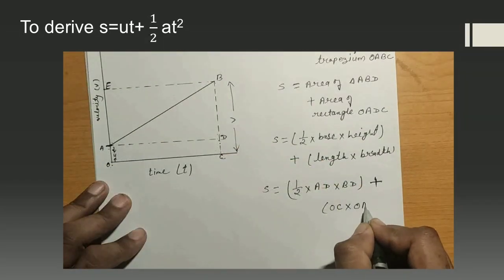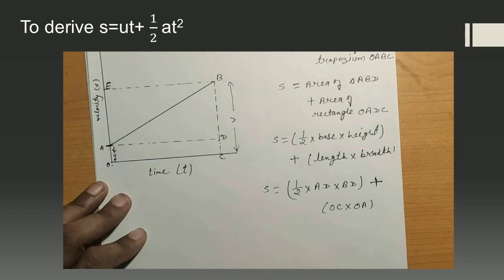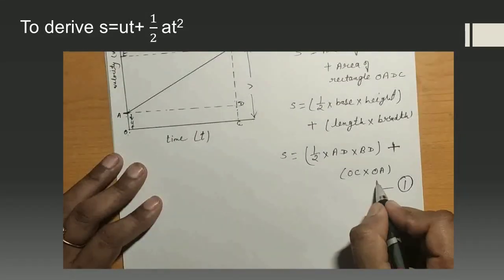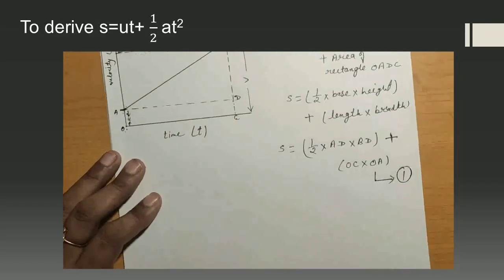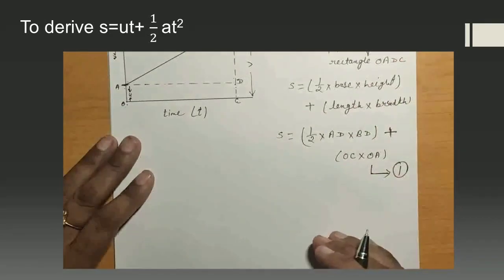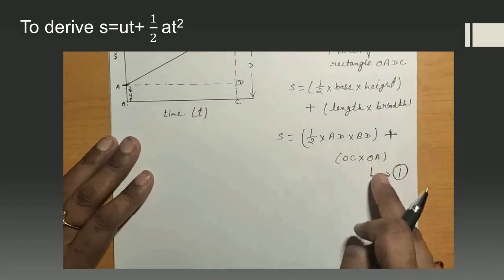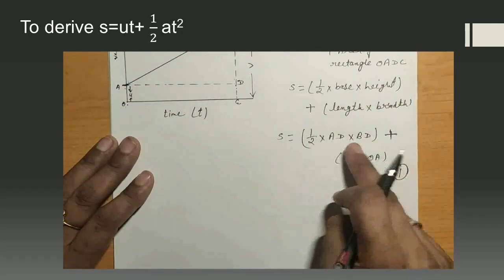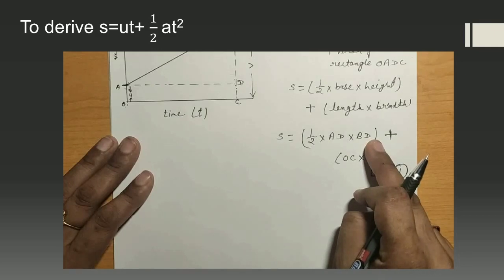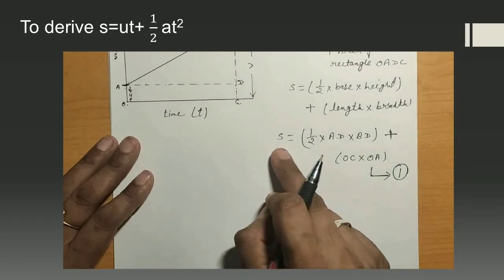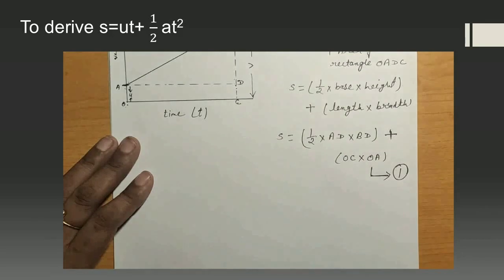So this will be our first equation, equation 1. Clear? Now we have to find the values of these lengths, so that we can find the distance traveled by the body.